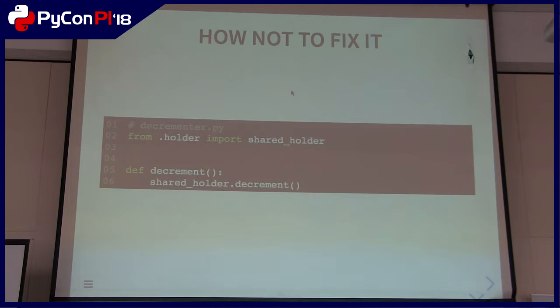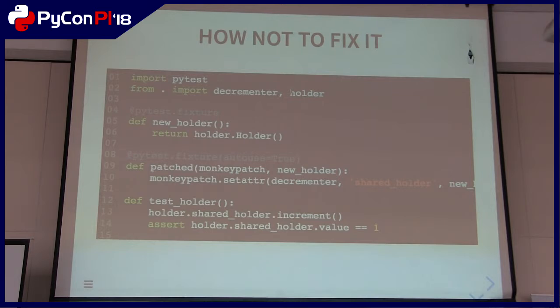But anyway, here we have a separate module that uses the same shared holder object, and we decrement it. Here, in this example, we are using the monkeypatch feature from pytest. It allows you to monkey-patch some object and roll back changes at the end of the test.